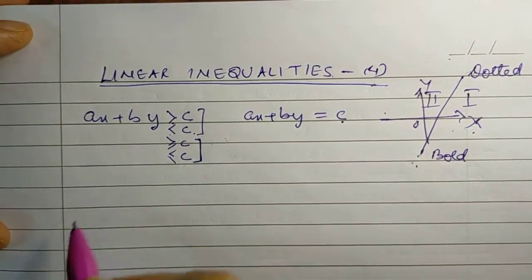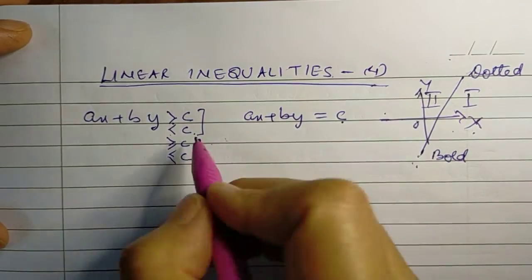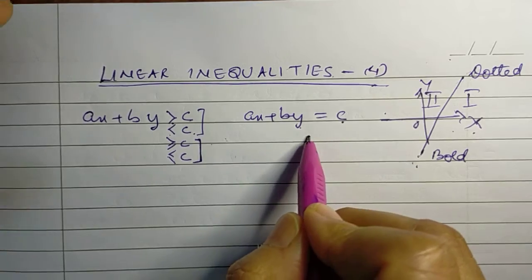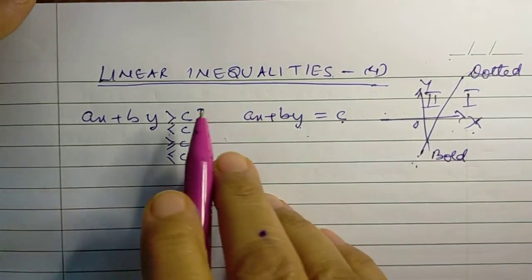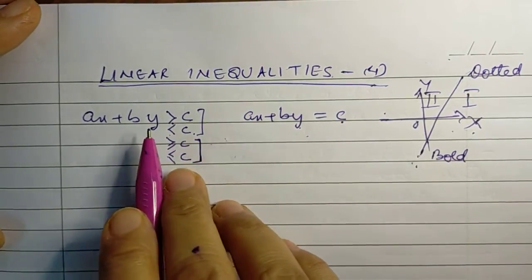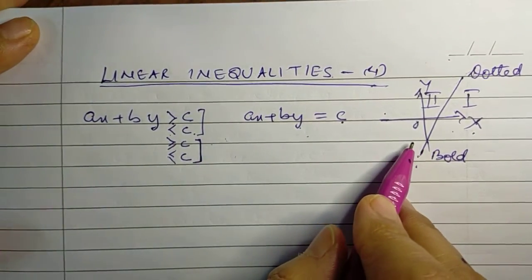Now we have to come to solving more than one inequality in two variables. There is nothing much to it. We follow exactly the same procedure for each one of those lines which are given to us.